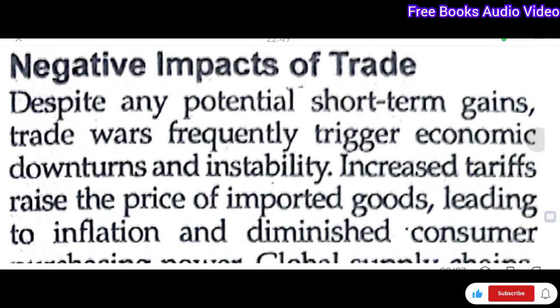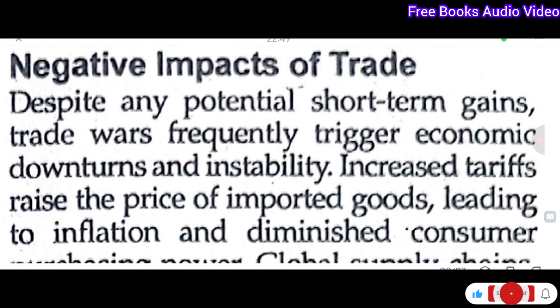Negative impacts of trade wars or tariffs. Despite any potential short-term gains, trade wars frequently trigger economic downturns and instability.